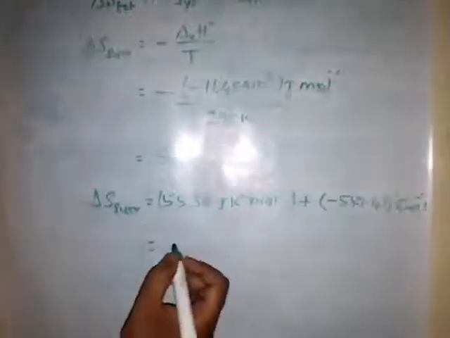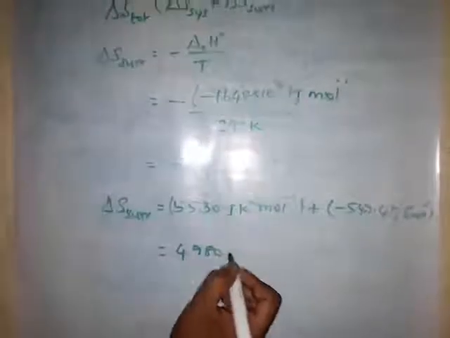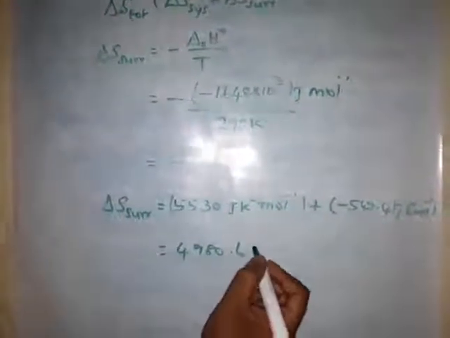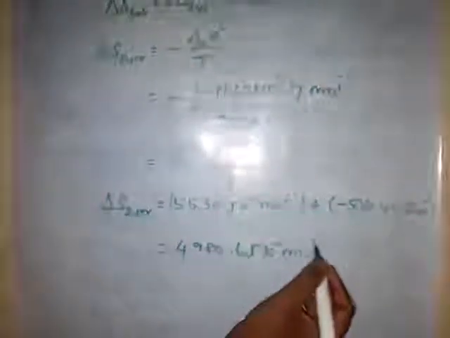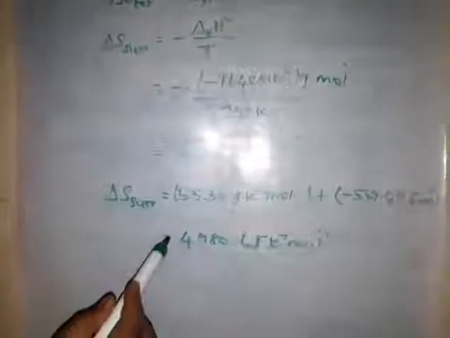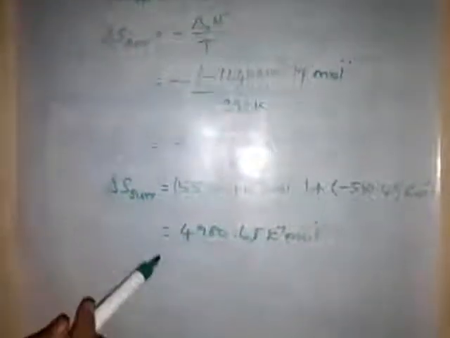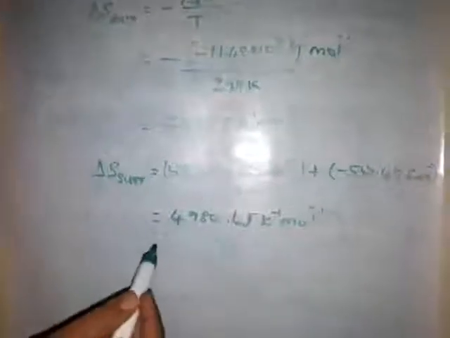So after adding these values, you will get 4980.6 joule Kelvin inverse mole inverse. This value shows the reaction is spontaneous because of the positive value. Spontaneous means we will get a positive value.